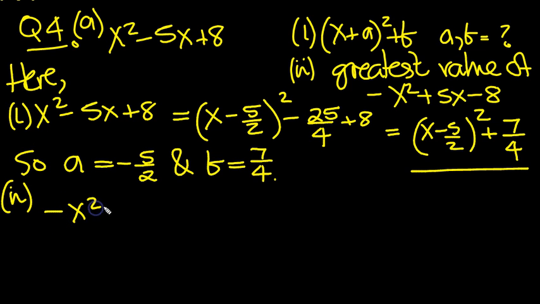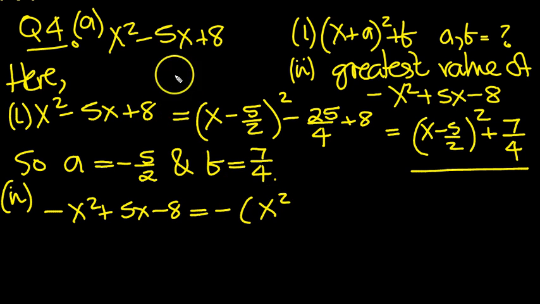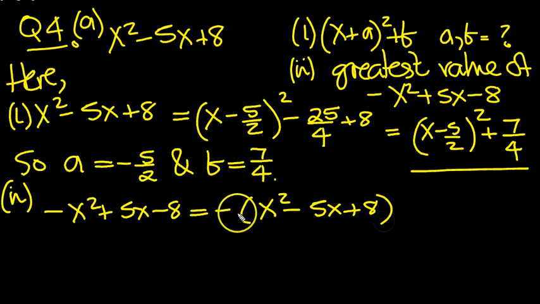Minus x squared plus 5x minus 8 is equal to minus bracket. I'm taking the minus out now so I can get it to look like this: x squared minus 5x plus 8. And now it looks like that.